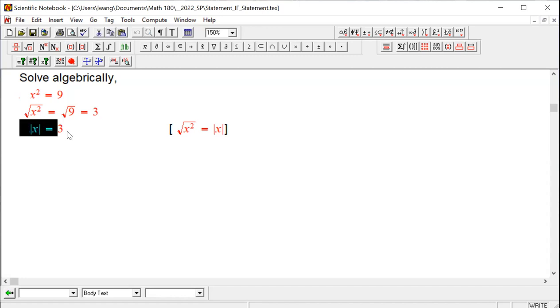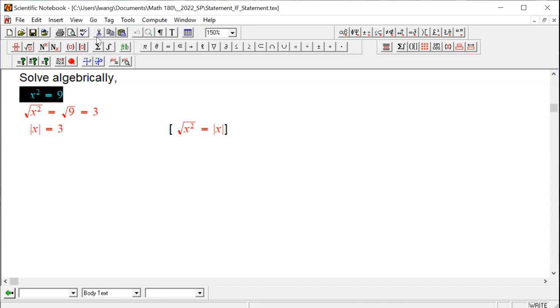Now we come to this equation, and it's basically an if statement. When we solve the equation algebraically, it's a sequence of if statements. So let me write down the full meaning of this whole thing.